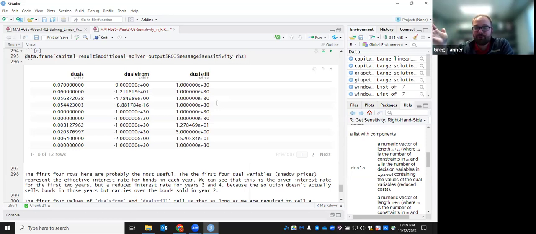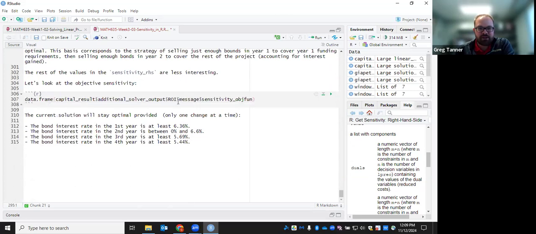No matter what those capital requirements are, as long as they're positive numbers, we're going to follow the strategy of selling just enough in year 1 to cover year 1's capital requirements, and then sell all the rest in year 2 to cover the rest of the project. And that's based solely on the interest rates. So that's an interesting result that we can see from the limits on the right-hand side.